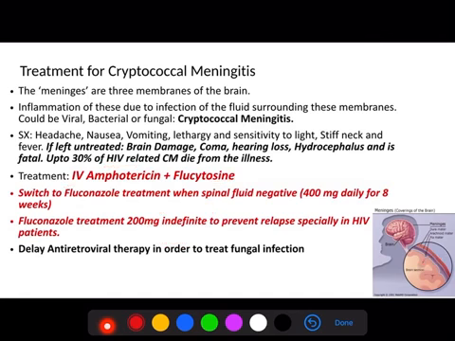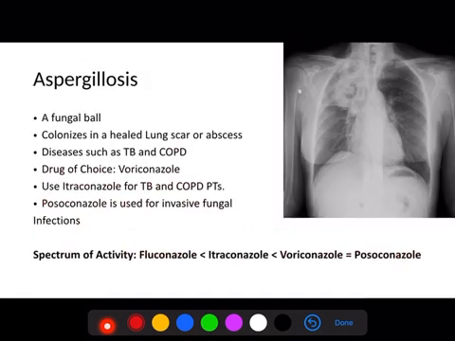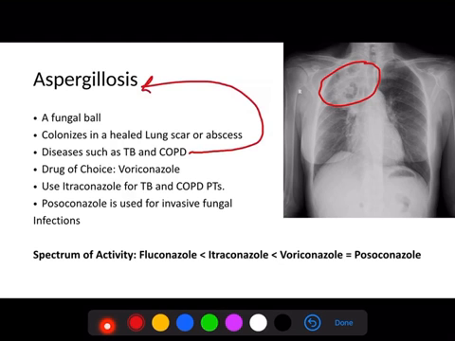Let us now talk about aspergillosis. Aspergillosis is recognized as a fungal ball. It colonizes a healed lung scar or abscess. Patients with diseases such as TB and COPD are more affected with aspergillosis.